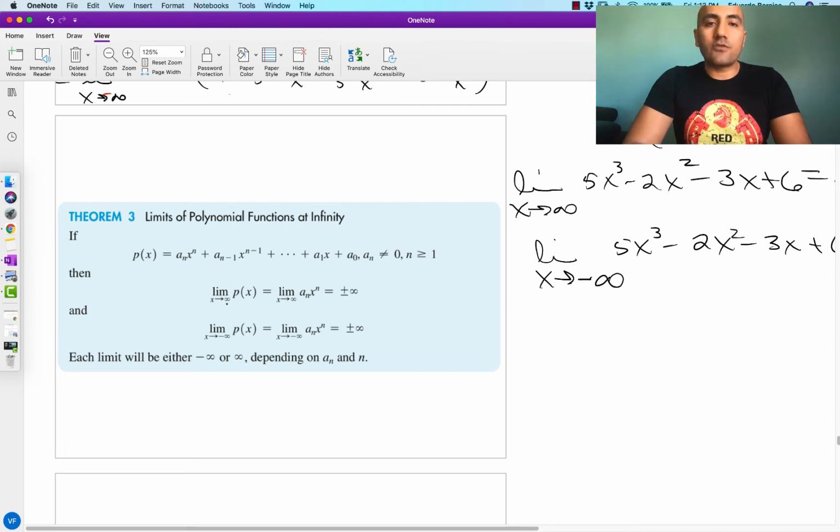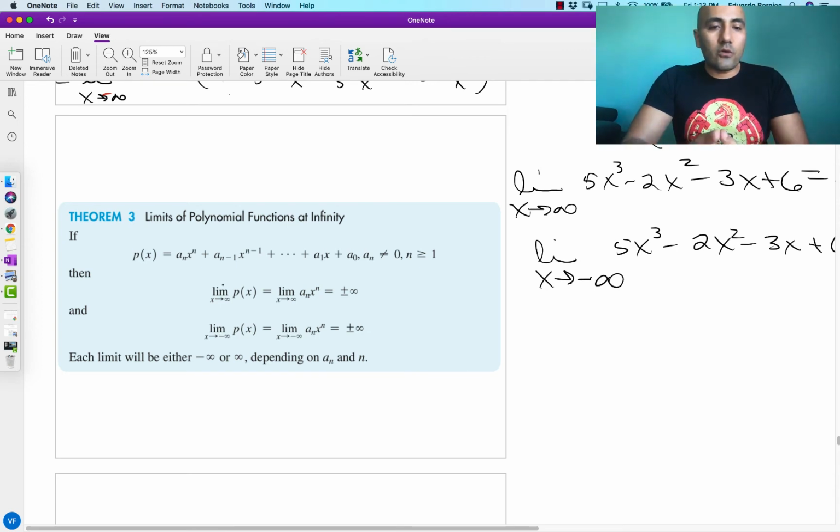The limit as x grows toward positive infinity of our polynomial is going to be determined by the front guy, the leading term behavior. The biggest exponent and its coefficient in front are going to determine what happens to our graph at the infinities, at positive and negative infinity. Good.